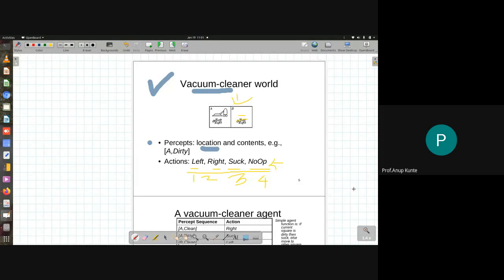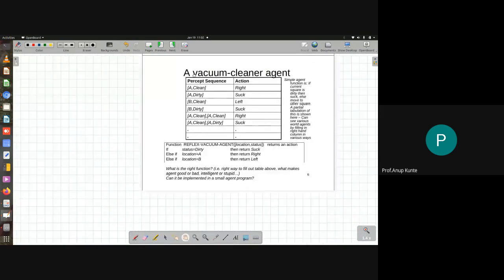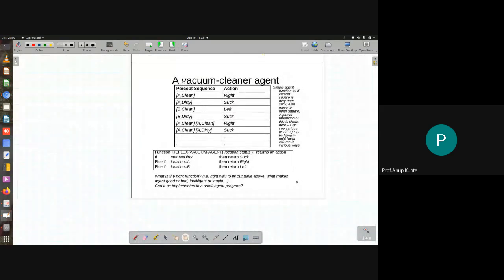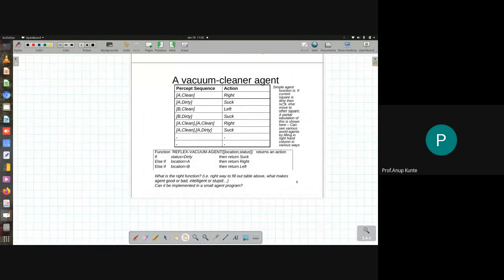Okay, now let us go to the next slide and understand some more details about this vacuum cleaner world. Now, so this is some simple agent function. So what is the simplistic way of mapping the P star?